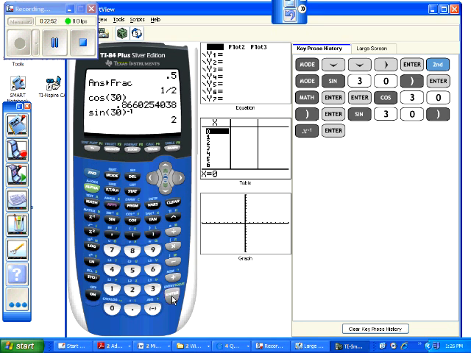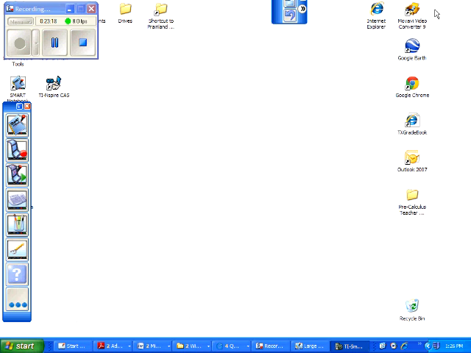Okay? So to get cosecant, we plugged in sine and said, I want the reciprocal of that. We hit the x -1 button. We hit the reciprocal button. So I don't really want sine 30. I want sine 30's reciprocal. See how we did that? Okay, so that's an important little piece of the puzzle. Okay, any questions on the calculator part of it?